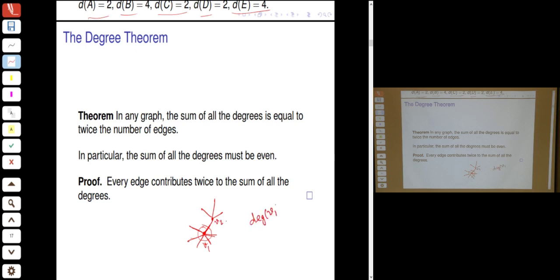When you are looking at the degree of V1, this particular edge, let us call it E, is counted once. Because you count every edge that is incident on that vertex once.